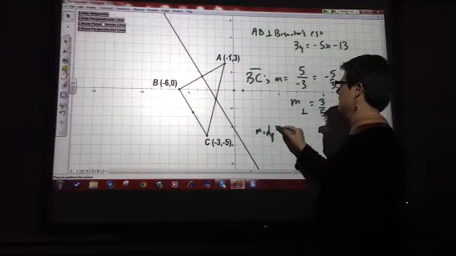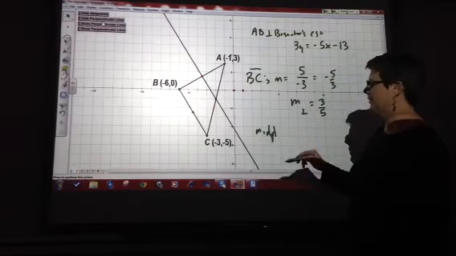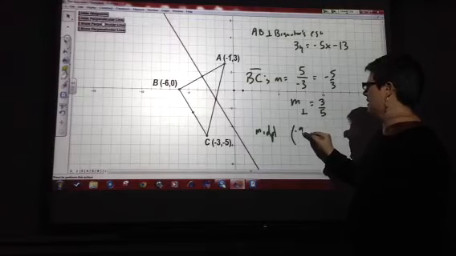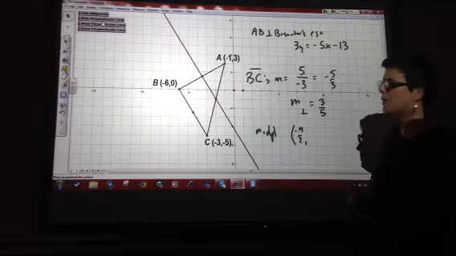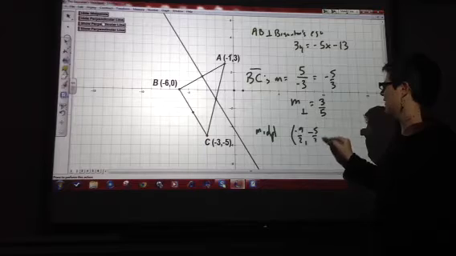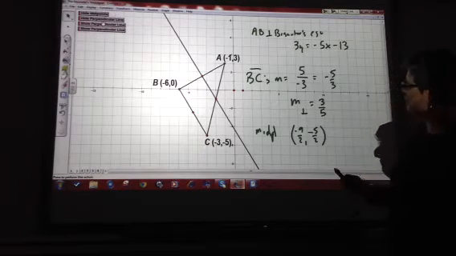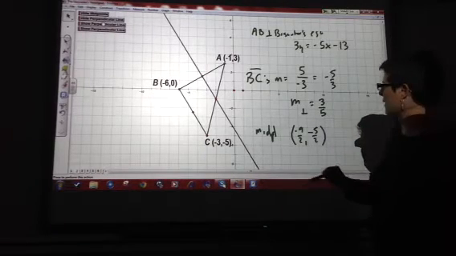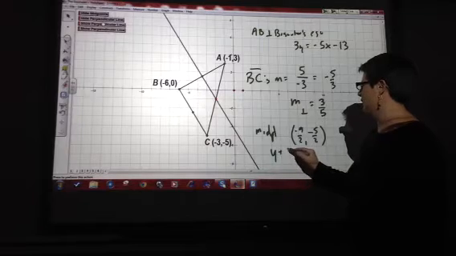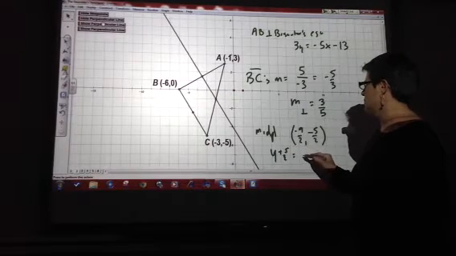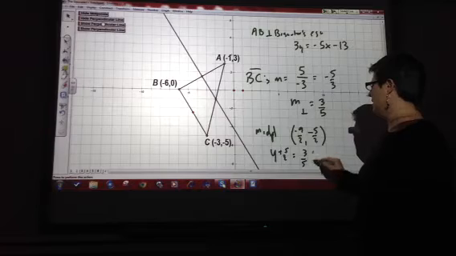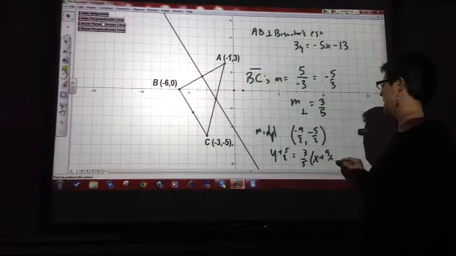The midpoint of the segment BC, negative 6 plus negative 3 is negative 9 divided by 2, and 0 plus negative 5, that's negative 5 divided by 2. So I just want to work with this equation. y plus 5/2 is equal to 3/5 times x plus 9/2.